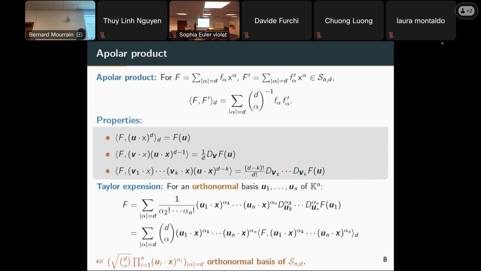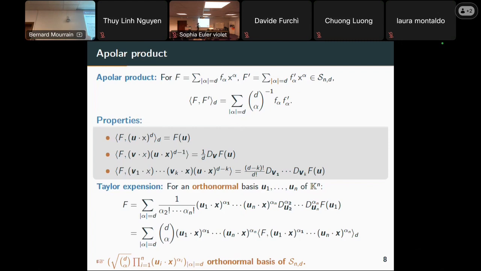Again, the apolar product with products of linear forms acts as derivation. And so you can use this to get what corresponds to the Taylor expansion in the homogeneous setting.